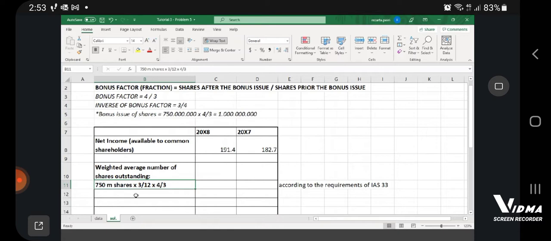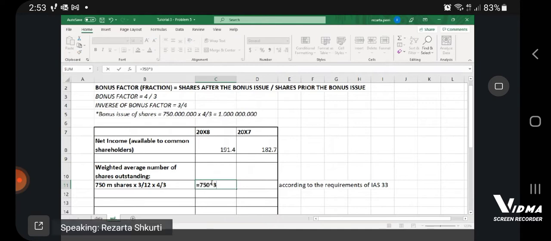So we start with 750 million shares, which we multiply by the time period 3 to 12 and also by the bonus factor. So we have 750 multiplied by 3 to 12 and then multiplied by 4 to 3.